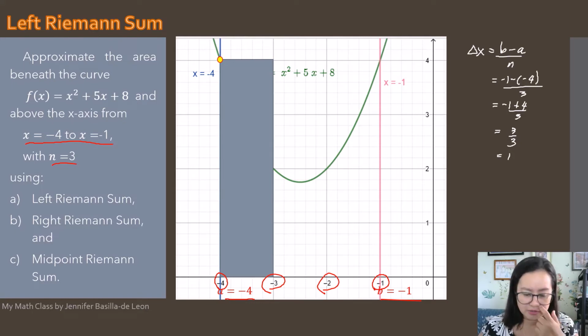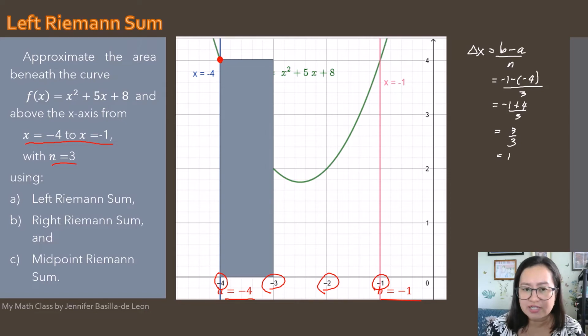Now since we are using the left Riemann sum, we are going to consider the left vertex of the rectangle. So we have here this vertex. Okay, and the first rectangle is on the first subinterval from -4 to -3.